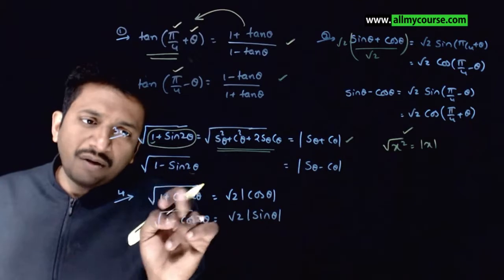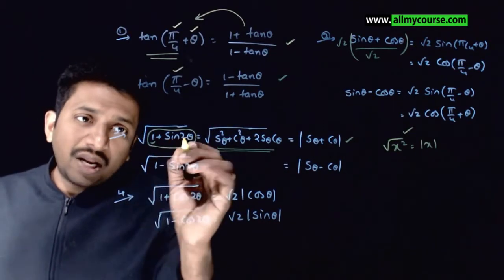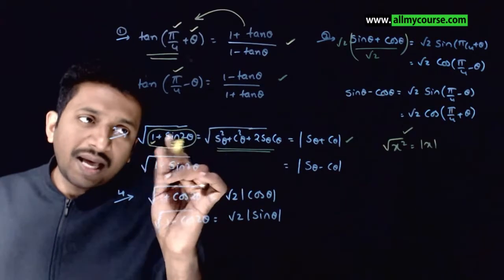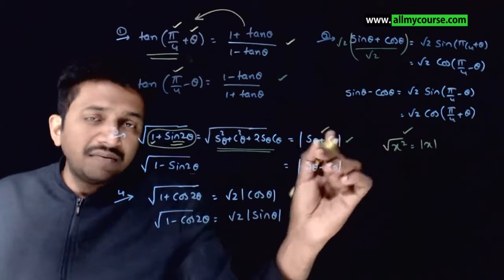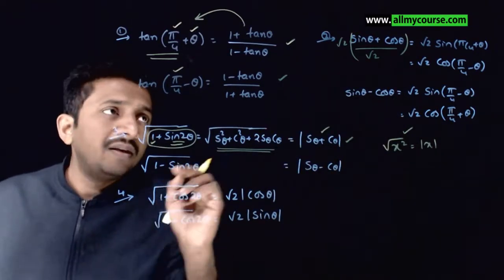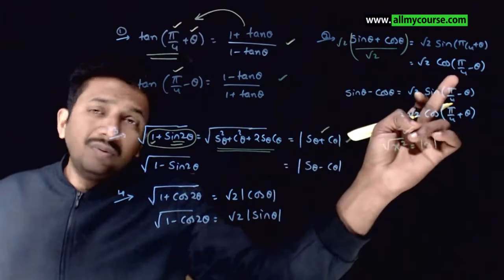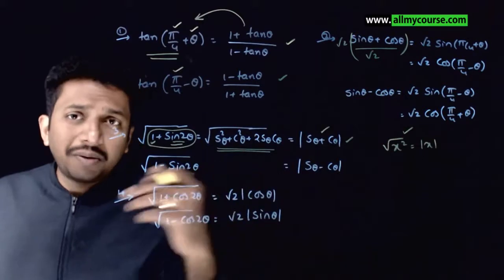Next, if you have root of (1 + sin 2θ) again, whenever you have sin 2θ, we usually write 1 as sin²θ + cos²θ. Once you have this, if you want to convert it into a single trigonometric ratio, you can use the earlier formula to write it as root 2 times mod of sin(π/4 + θ), and so on.